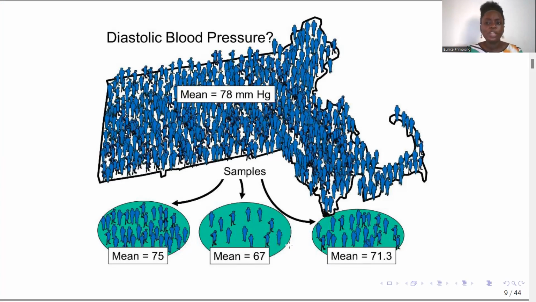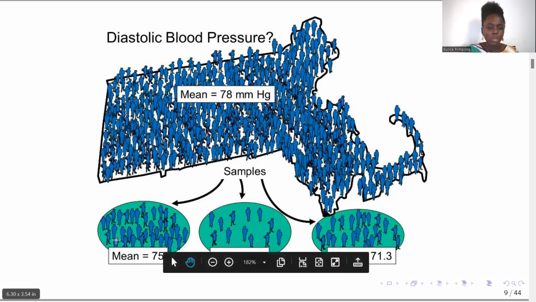So even if you decide to use a sample, you should make sure that your sample is very representative and the number you are using in your sample is a good number that should give you results that are very close to the actual population results, okay? So in this case, this sample gives you a closer characteristic. That is, the mean being 75 is closer to 78 as compared to this sample whose mean is 67, which is quite far away from 78.